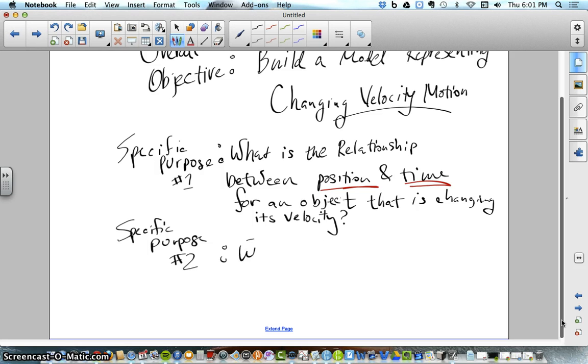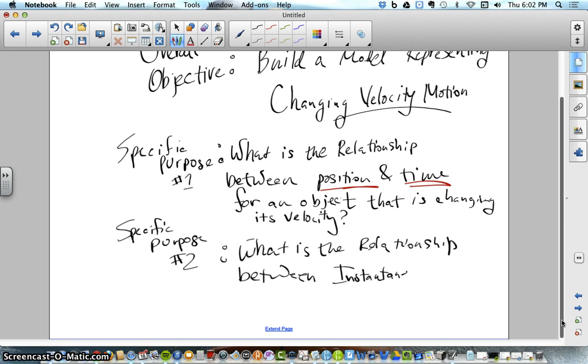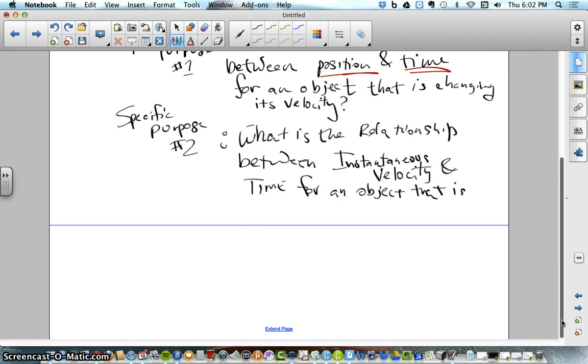It is what is the relationship between instantaneous velocity and time for an object that is changing velocity.